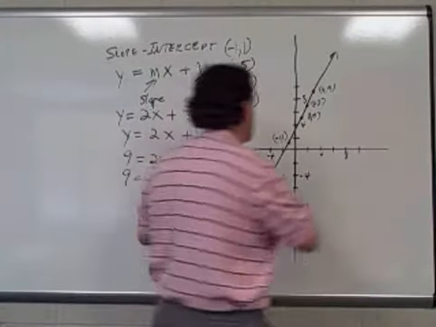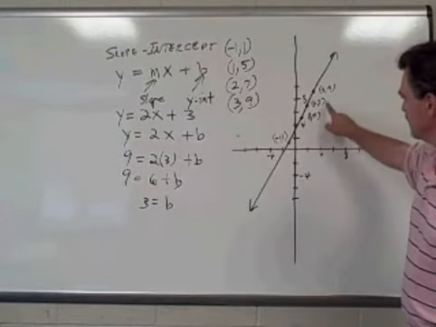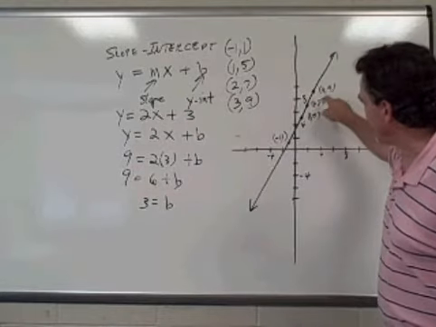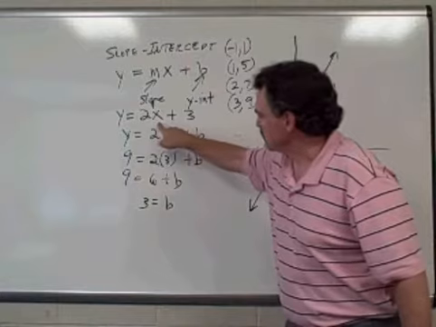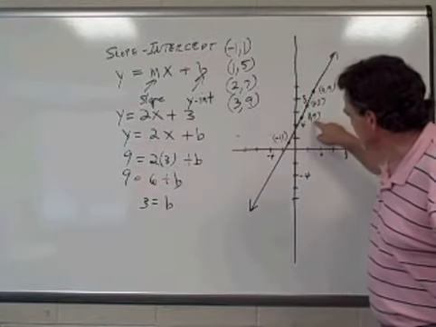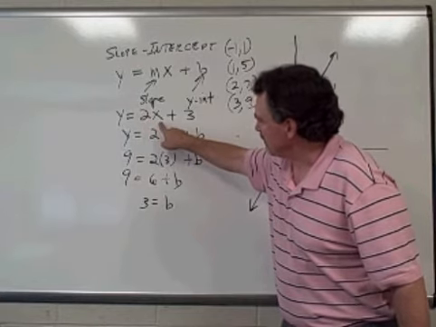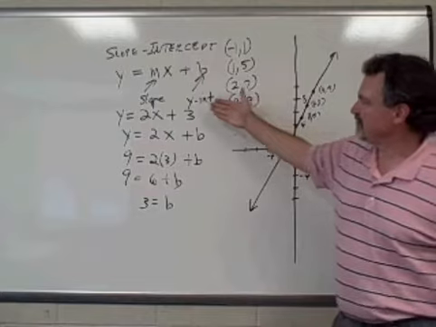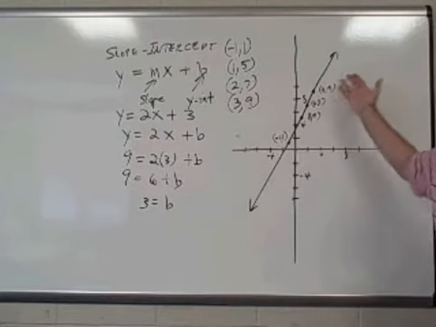And if we check these points, we'll see that those points would be solutions to that equation. If x is 2, 2 times 2 is 4 plus 3, the y has to be 7. If x is 1, 1 times 2 is 2 plus 3, the y has to be 5. If x is negative 1, 2 times negative 1 is negative 2, negative 2 plus 3 is 1. And we have found the correct equation that goes with those points on that line.